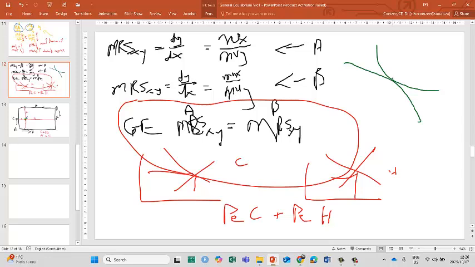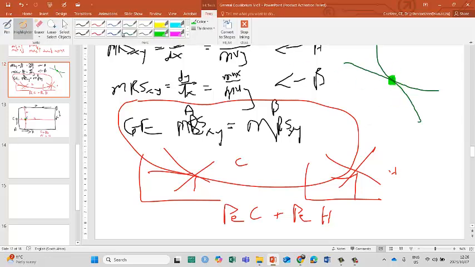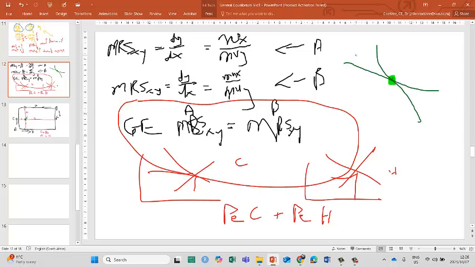So at that point there, let's make it a nice green point. At that point, you see that the two indifference curves are tangent, meaning they share a slope. Both of them share exactly the same slope, because it's a tangent.